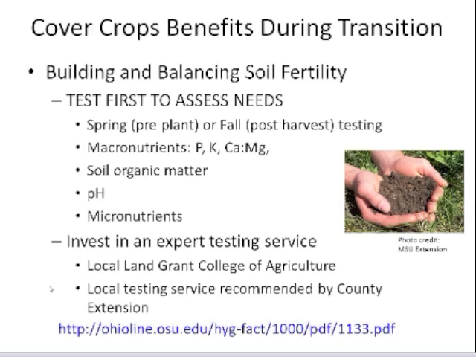Particular attention can be paid to the calcium-magnesium ratios, which are important in certain soils, and the soil organic matter, which of course is very important to the overall productivity of a soil managed organically. And of course, pH and micronutrients shouldn't be ignored, and appropriate lime materials are available for organic agriculture.